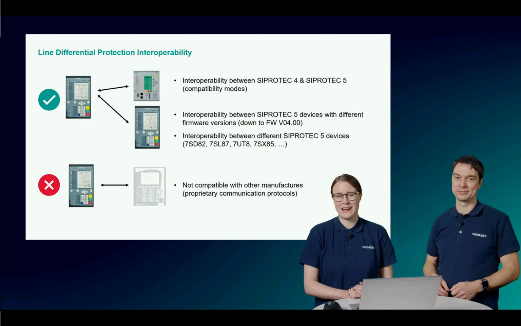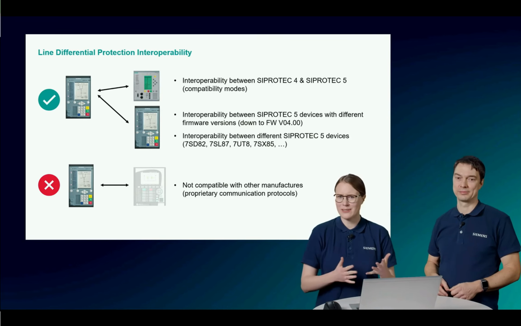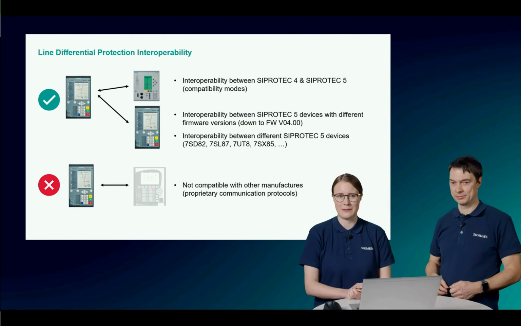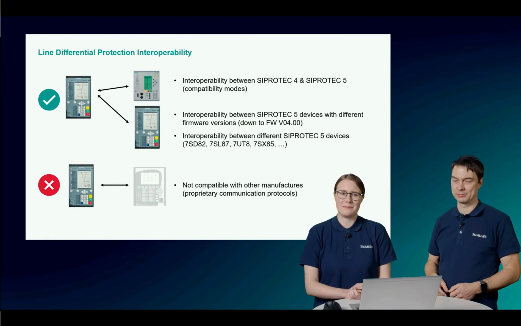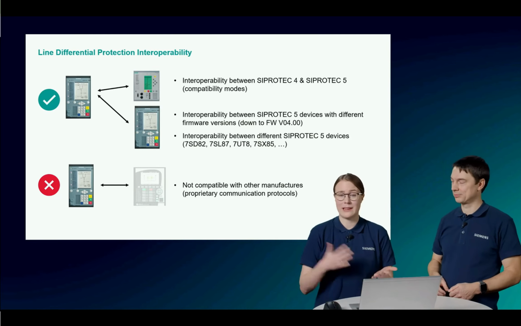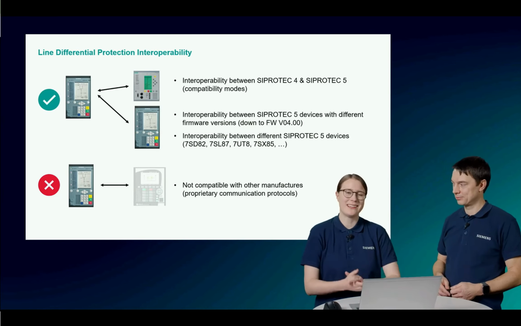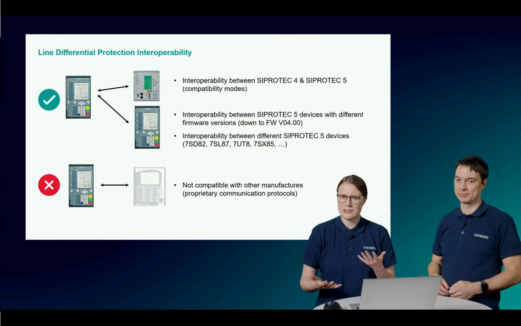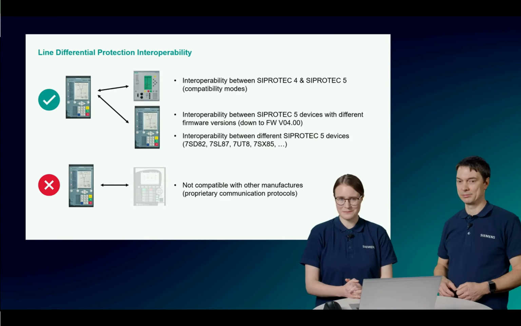So we can work with other devices within our Siemens protection family. That means a ZProtect 5 device can work together with a ZProtect 4 device. This is what I presented in the last session of this webinar series. There are some boundary conditions, but it is possible.